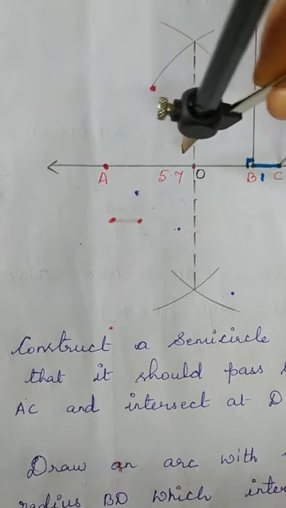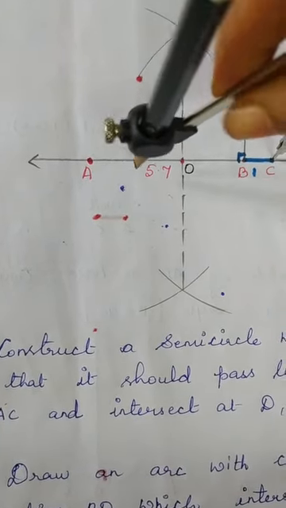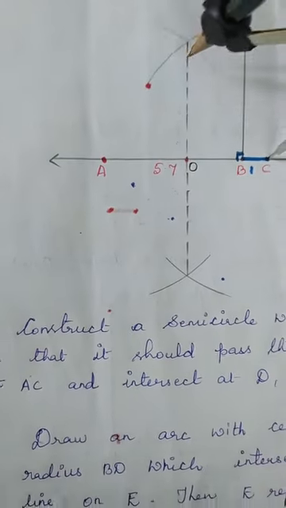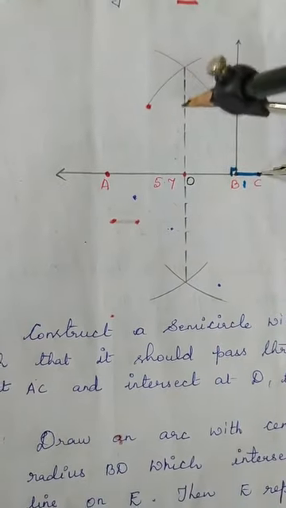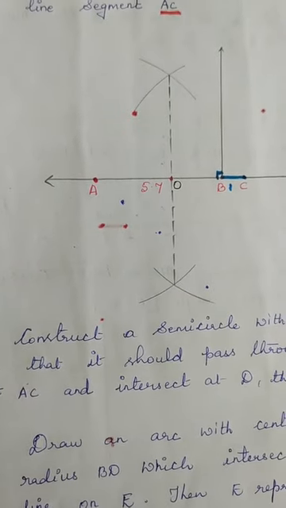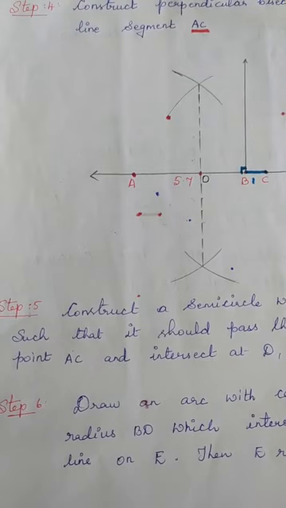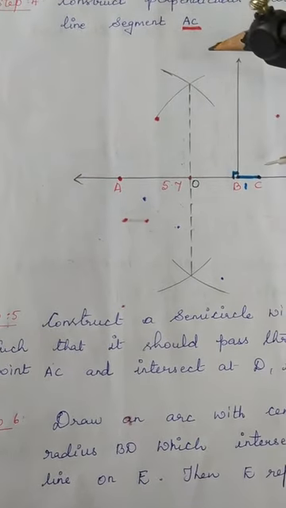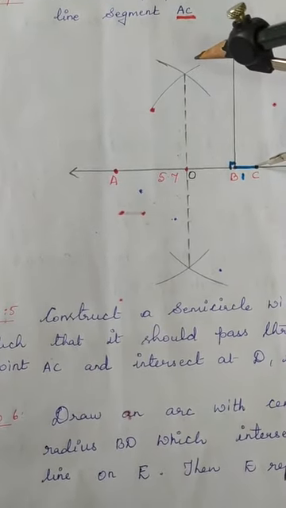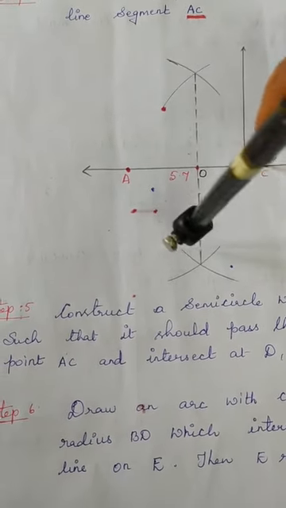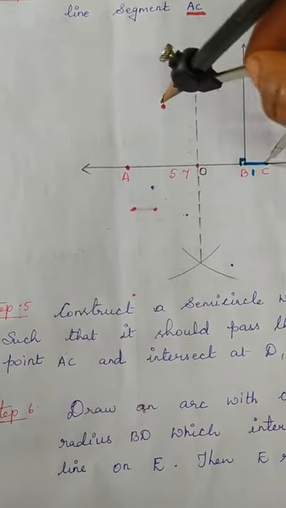More than half means you can just expand this and adjust the compass and you can get more than half here. And then what you have to do? Once you adjust the compass more than half, you keep the tip on C and you are going to cut an arc up and down.